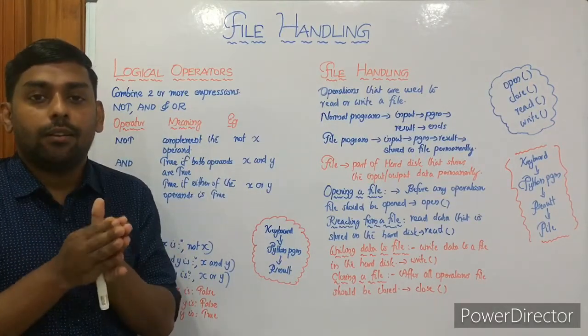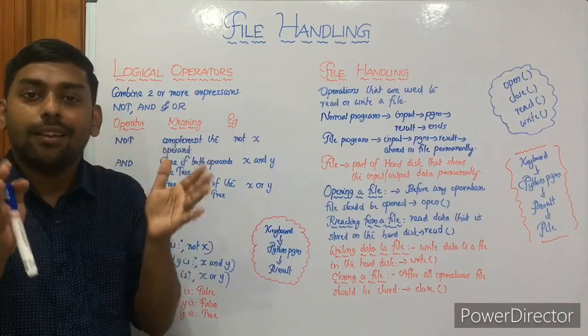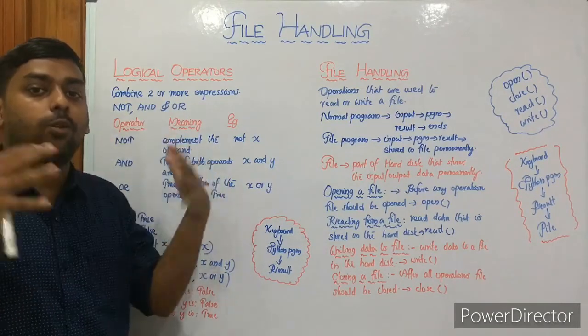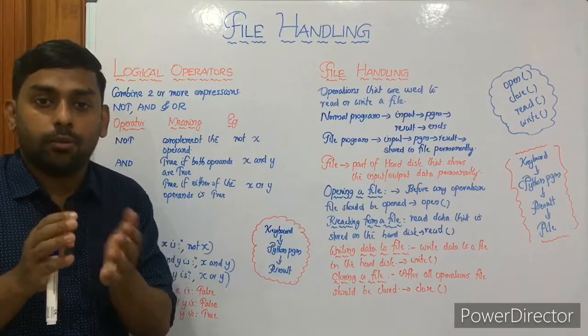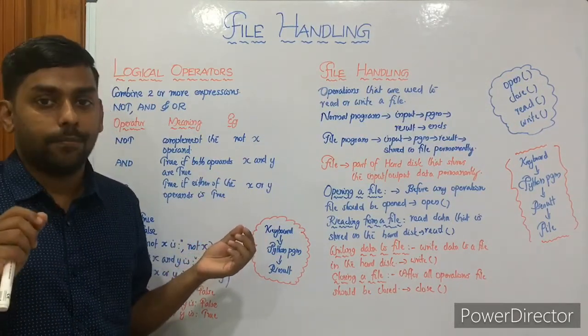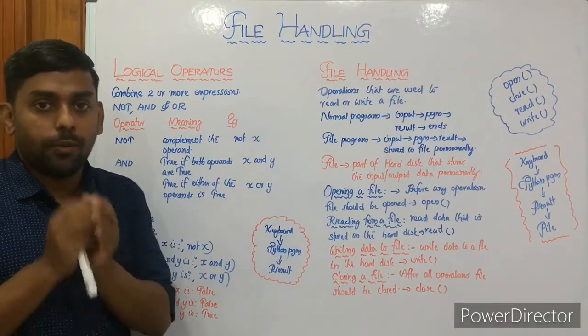An operand is a data value upon which the operation is being performed, and together they make an expression, right? Logical operators combine two or more expressions, and other than numeric values, here the value of the variable should be either true or false. That means it works on true or false as its values. Hope you understood it, right?